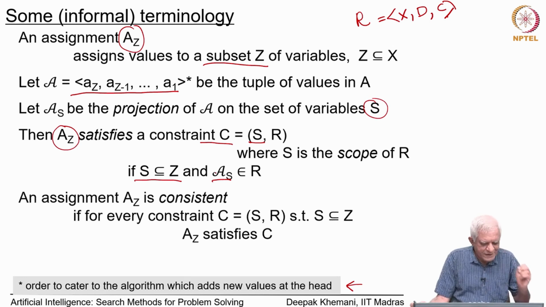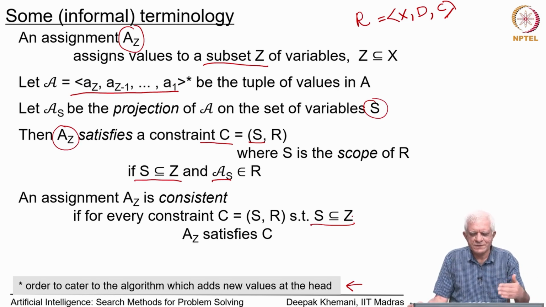Then we say that an assignment is consistent if for every constraint C such that the scope falls within Z, AZ satisfies that C essentially. So, essentially we will be interested in consistent assignments in the simple algorithms that we are going to look at.